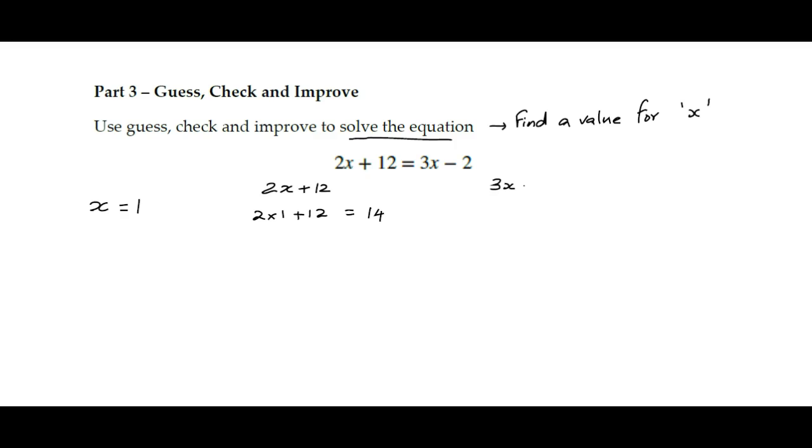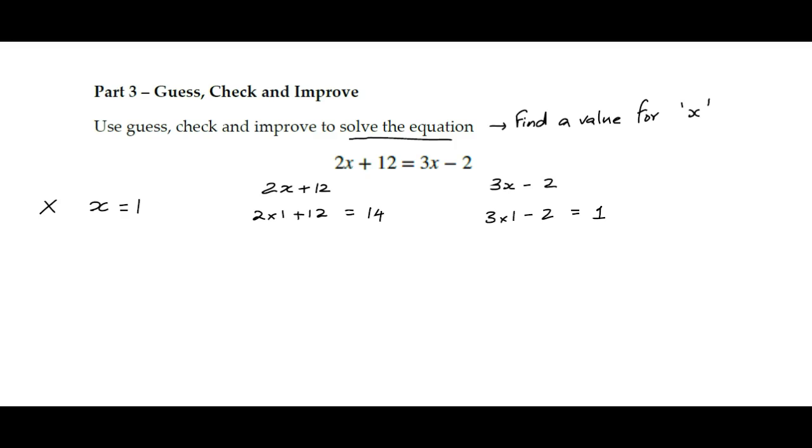And 3x minus 2, let's see what we get there. So 3 times 1 take away 2. 3 times 1 is 3, minus 2 is equal to 1. Now obviously 14 is not equal to 1, which means this is not the answer to this question. 14 and 1, they're too far apart, aren't they?